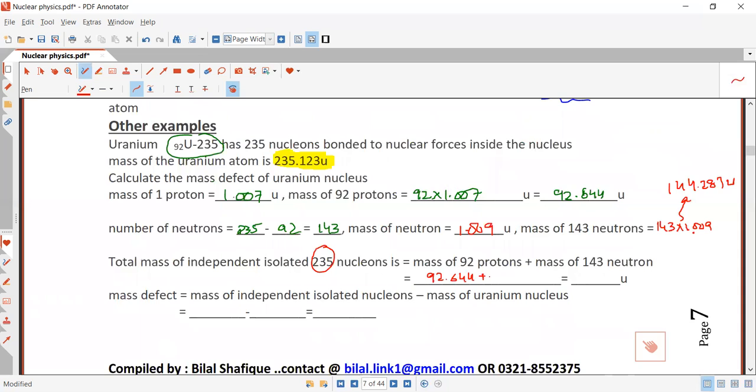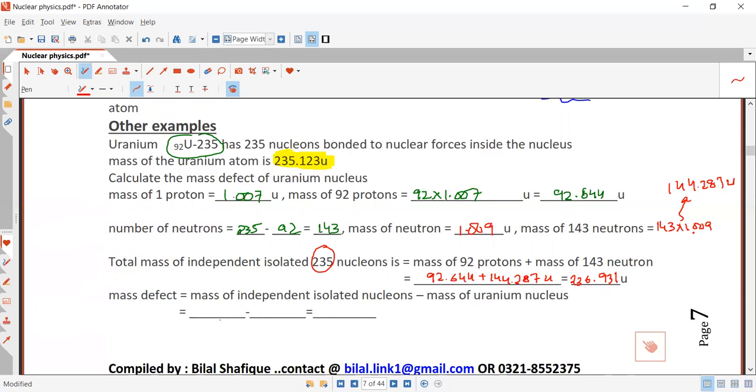And the total mass of the 235 nucleons is going to be 92.644 U plus 144.287 U. So it's going to be 236.931 U. So this is the mass of the independent nucleons.